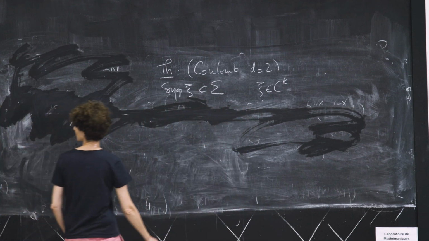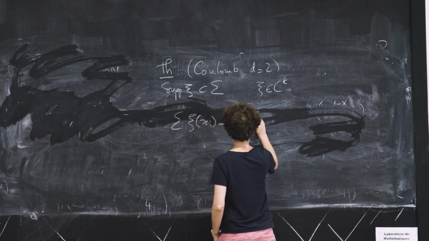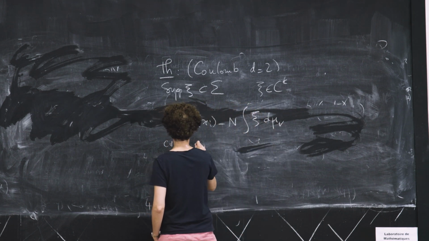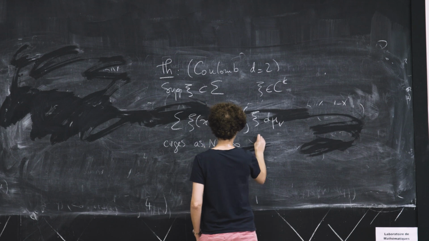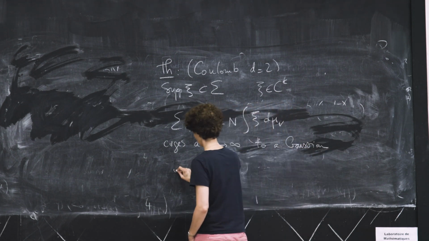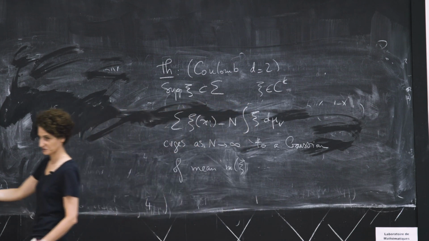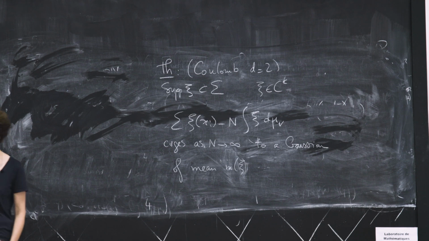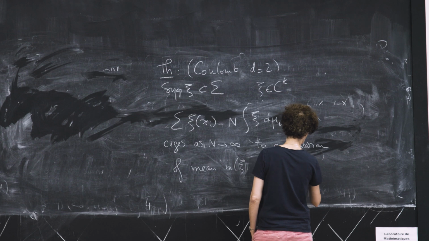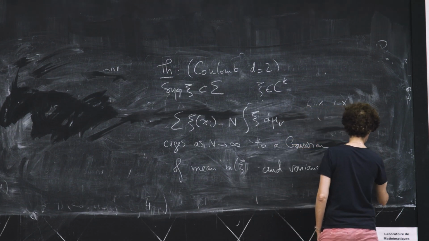Then this guy converges as n goes to infinity, to a Gaussian of a certain mean. So there is a shift to the mean. It's not necessarily predictable. And variance 1 over CD beta grad xi squared.